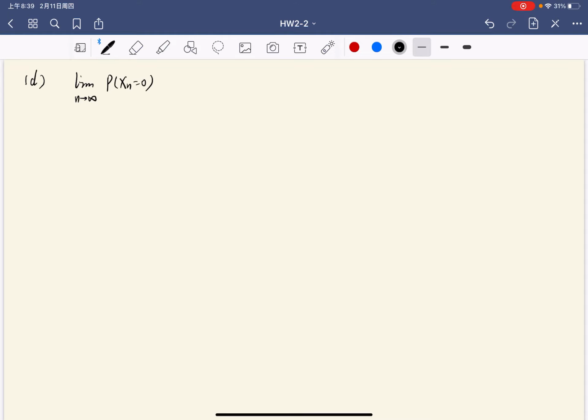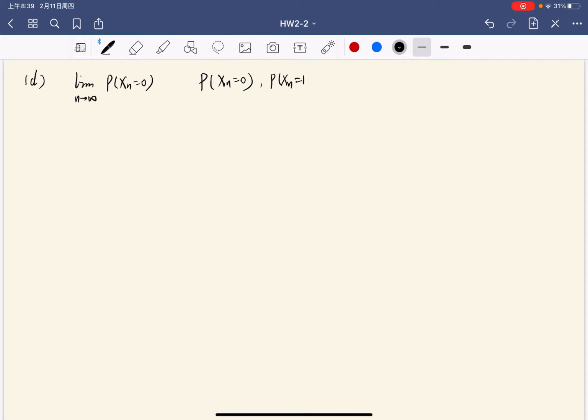In order to calculate this expression, we first need to calculate the probability of xn equals 0.